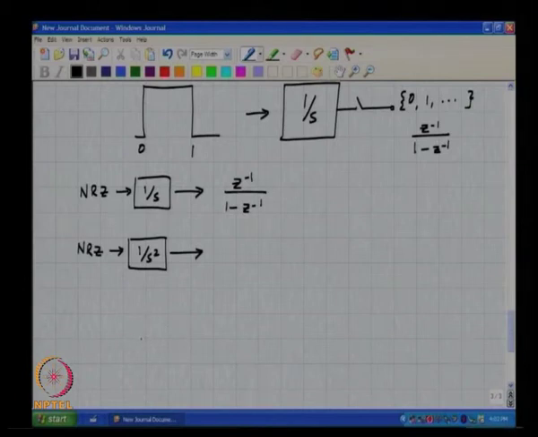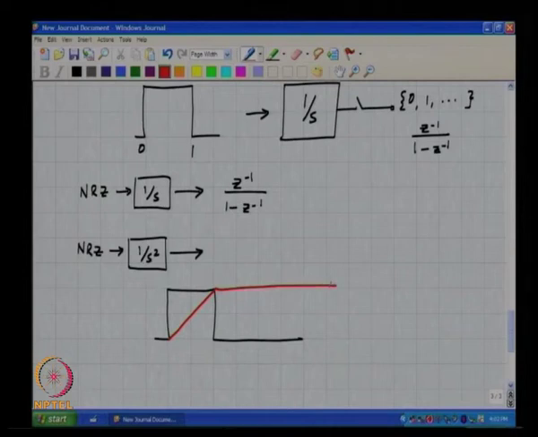So, if an NRZ pulse goes into 1 by s square, how does the output look? The continuous time output looks like this, and after integrating it once more, what do you get?